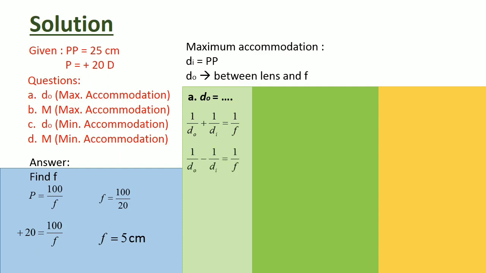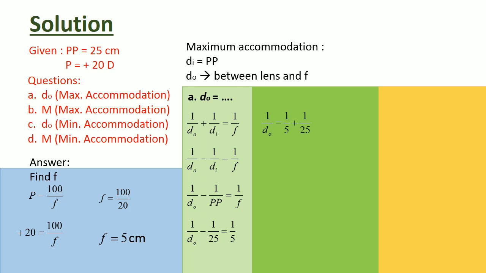Since the image will be virtual, the value of DI will be negative, so we can write it as 1 over DO minus 1 over DI equal to 1 over f. And since the image will be formed at the near point, we can rewrite this equation as 1 over DO minus 1 over PP equal to 1 over f. The value of the near point is 25, so we write 1 over DO minus 1 over 25 equal to 1 over f, and the focal length is 5.